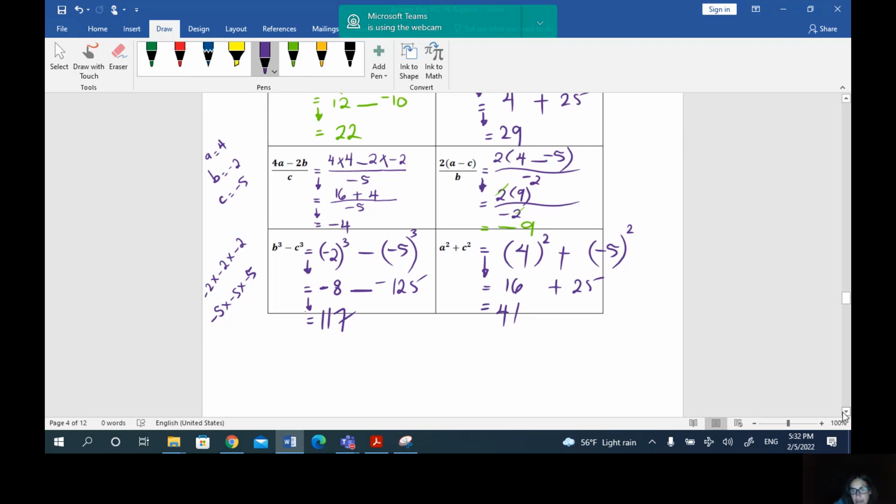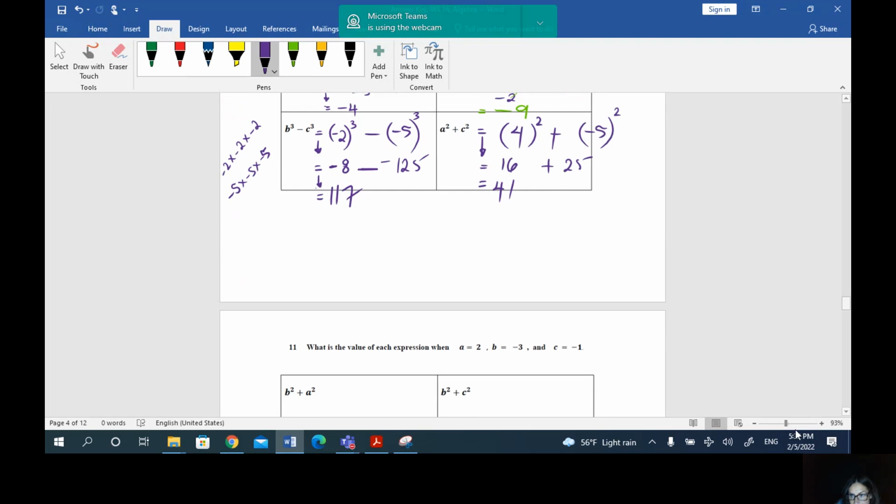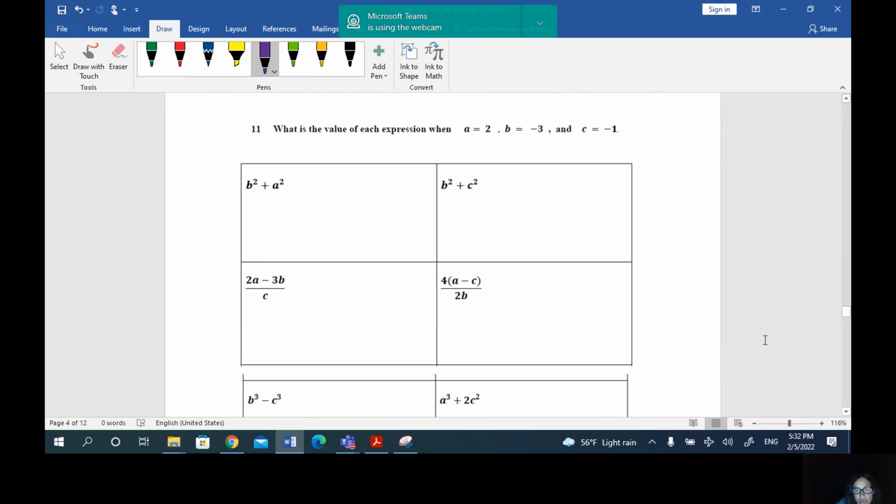Okay, let's move to the next. We are still substituting here. If a is equal to 2, b is equal to -3, and c is equal to -1. Here, b squared: when I see squared, I open a bracket squared.